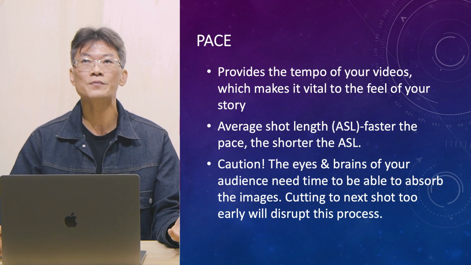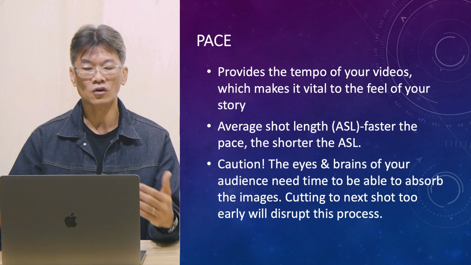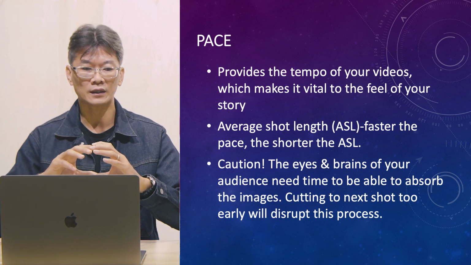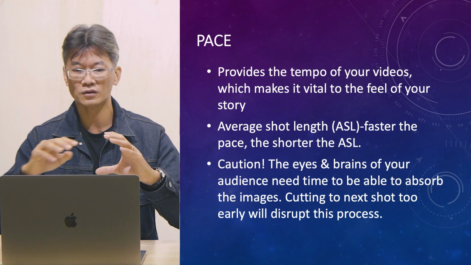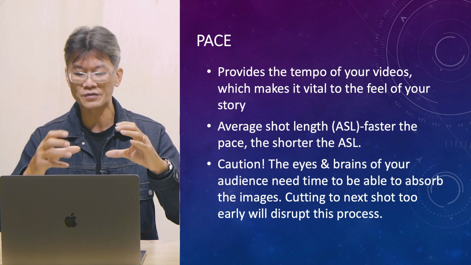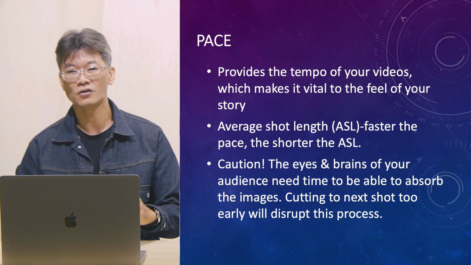You can consider maybe one stanza, one shot. Or sometimes if you do not have enough camera shots, you can consider one whole verse before you go to the chorus, for example in the song, then you change to another shot for the chorus.